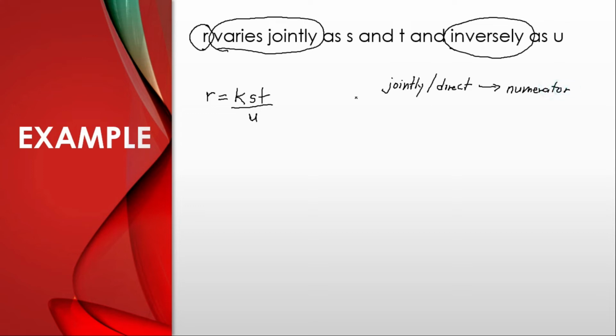Kapag inverse naman, sila naman ay nasa denominator. Okay? Applicable lang to sa combined ha. So, wala tayong definite na formula dito sa ating combined. Basta alam niyo yung pagkuha ng direct, ng inverse, sa joint, makuha ninyo itong combined variation.